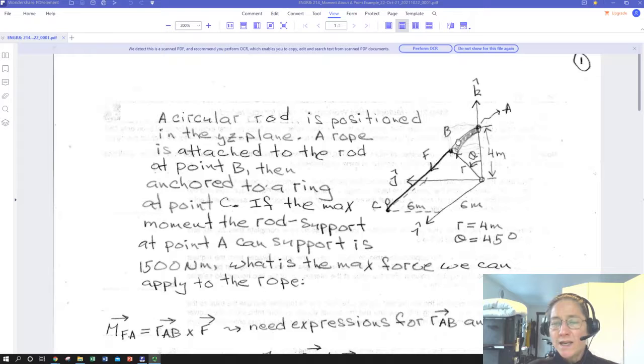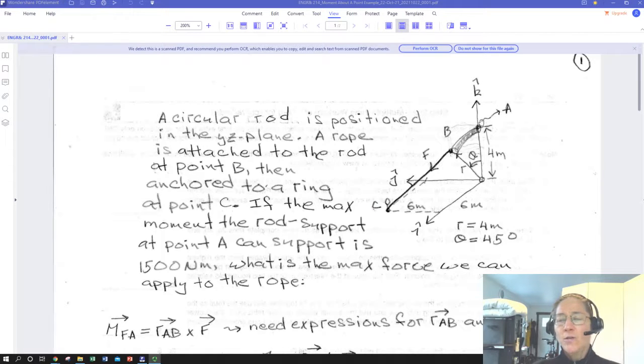We're told that the radius of the circular rod is 4 meters, which means the distance up at point A is 4 meters because it's on one part of the circle, and our angle theta here that defines point B, very important, is 45 degrees.